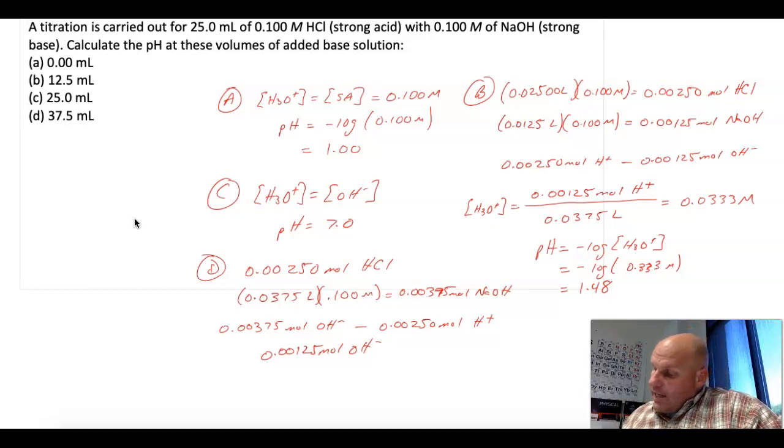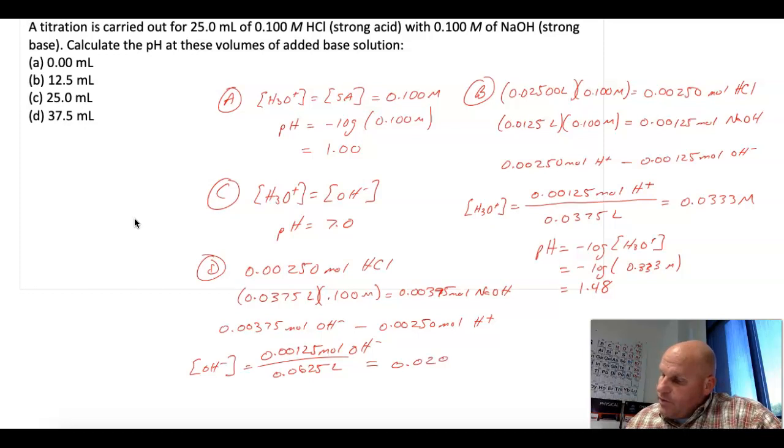When I take that moles of OH and divide it by my total volume, 37.5 plus 25, or 62.5 milliliters, or 0.0625 liters, I'm getting an OH minus concentration, because again, I had more moles of OH than moles of H, of 0.0200 molar.